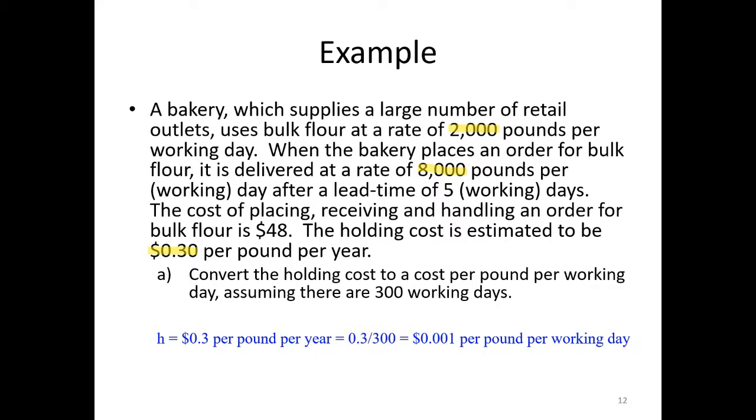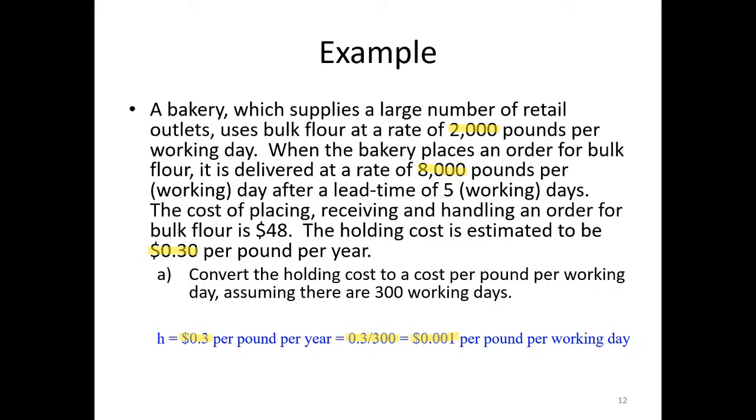Instead of per pound per year, we would like to have it per pound per working day to unify the units that we are using for the time in our calculations. So this is done very easily here. H is given as $0.3 per pound per year, just divided by the number of working days a year, and this will give you the value of the inventory carrying cost per pound per working day.